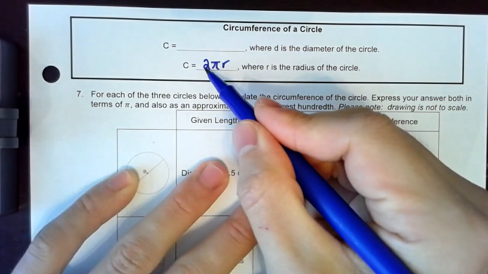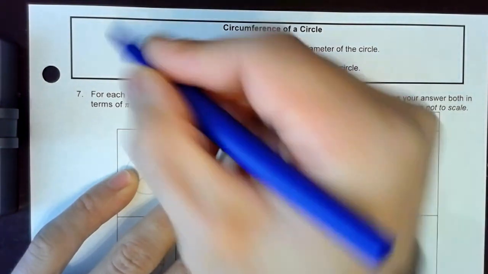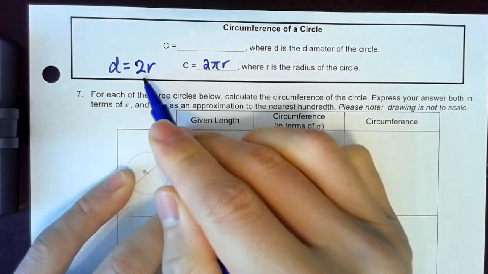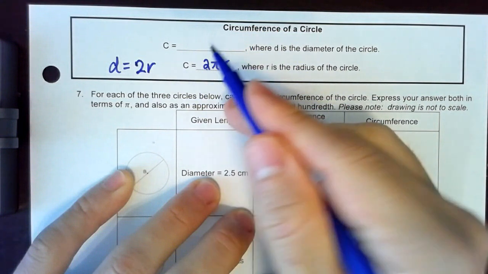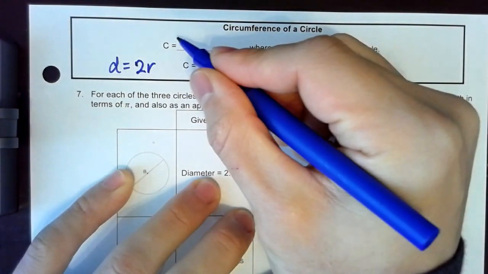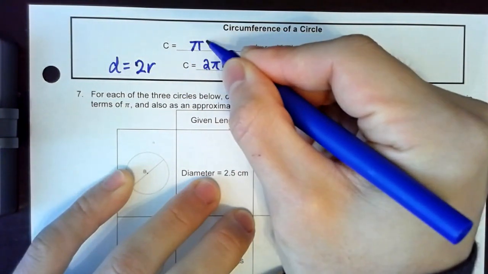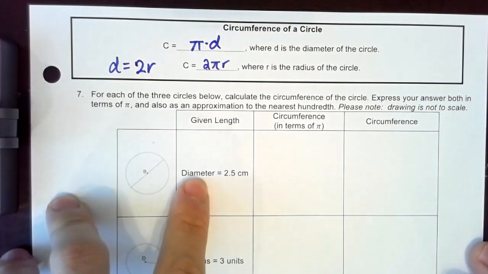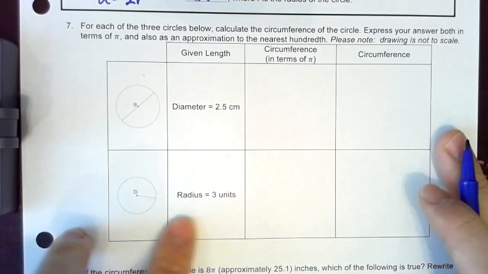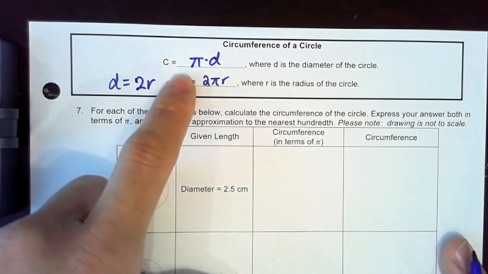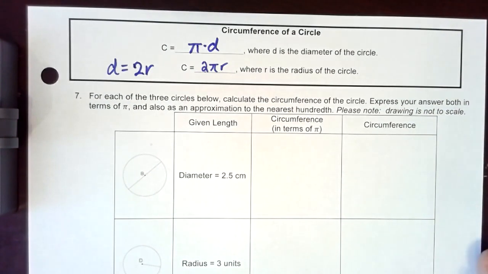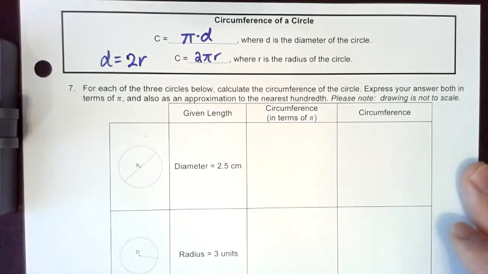But since we also know that 2r is also known as the diameter, we then can also create another formula that's exactly identical by just saying that circumference is equal to pi times diameter. In different situations, they may give you a diameter, they may give you a radius, and you just have to pick and choose between which formula you plug it into. Okay, so let's go ahead and practice.